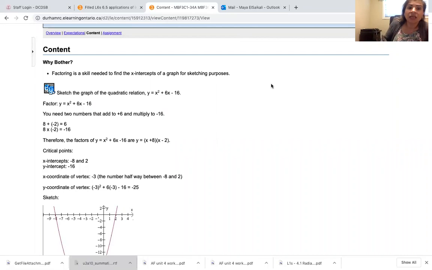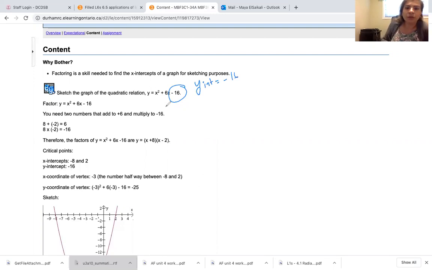You need to be able to properly locate your specific points and your special points, and then graph. In standard form, all I know is that my y-intercept is negative 16.